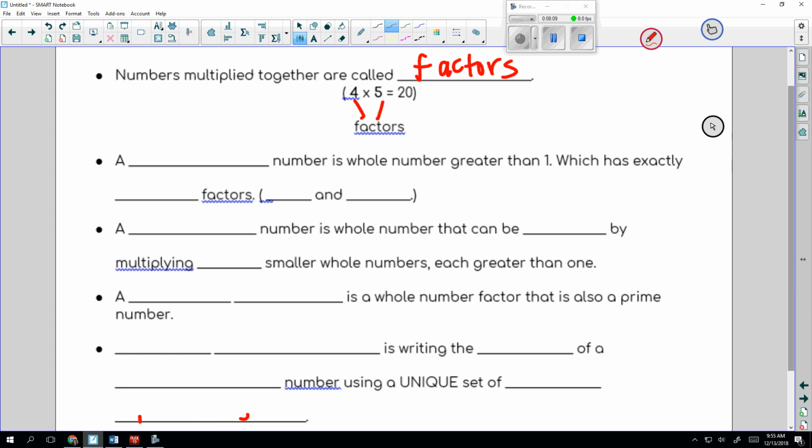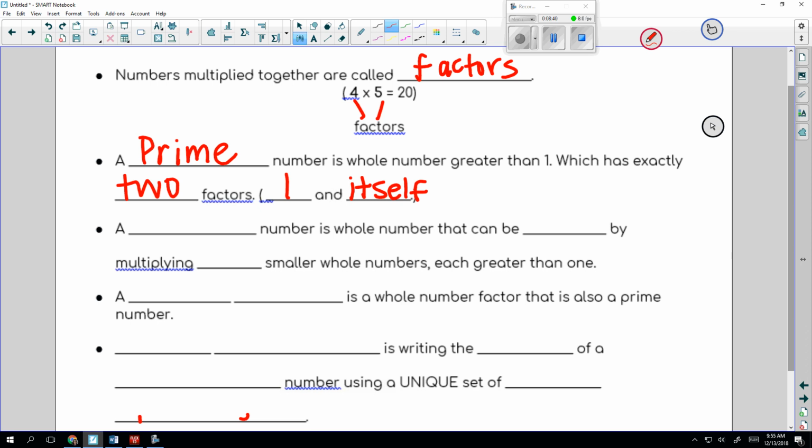So then the next thing I have is that a prime number is a whole number greater than 1, which has exactly how many factors? How many factors does a prime number have? 2, right? It has 2 factors, 1 and itself, right? Do you guys agree with that? Yeah? Does that make sense back there?